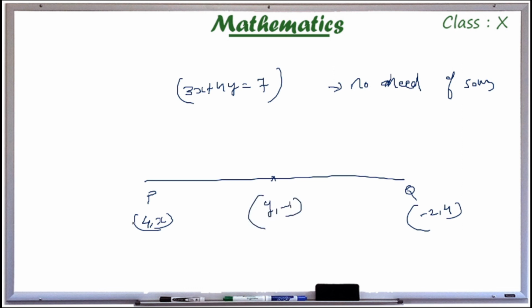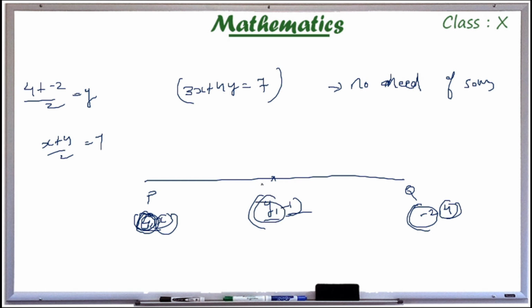So using the midpoint formula I can write (4 + (-2))/2 is equal to y, and also (x + 4)/2 is equal to -1. So in order to find the midpoint, find the average, or divide by 2 after summing the x coordinate values. 4 and -2 are the x values here, and by 2 we will get the coordinate y. Likewise you have to find the answer.